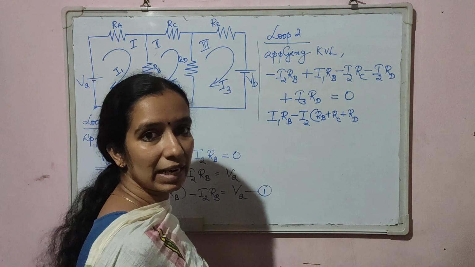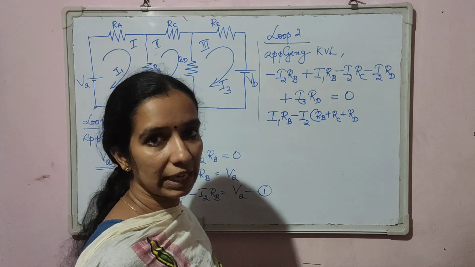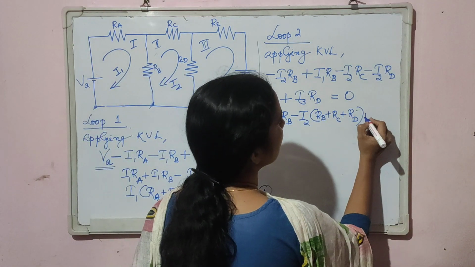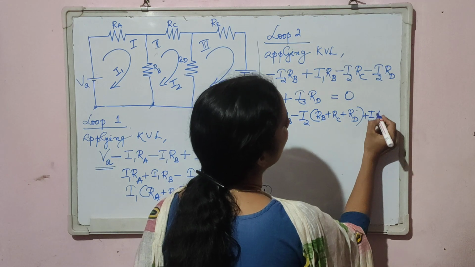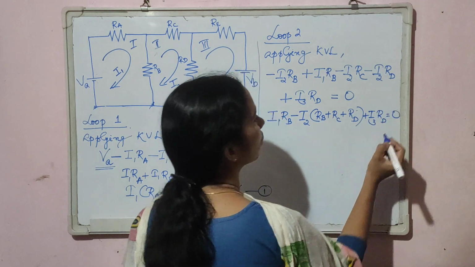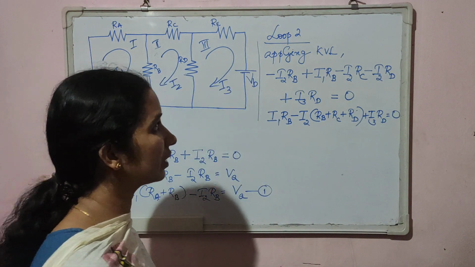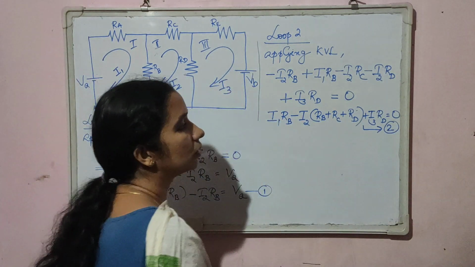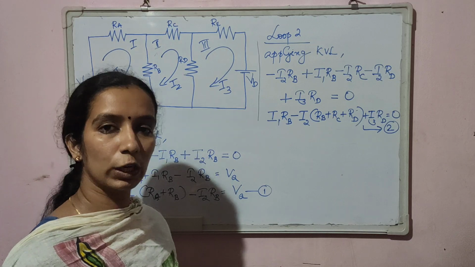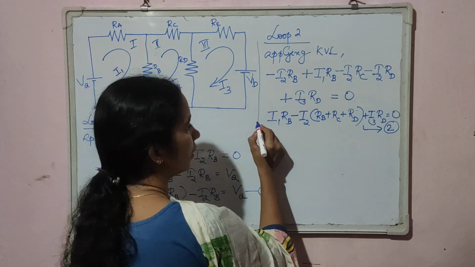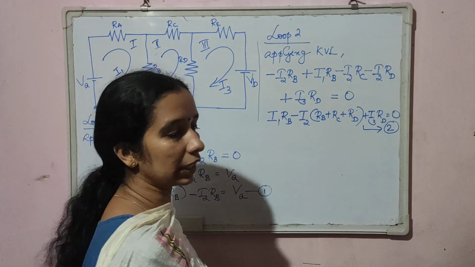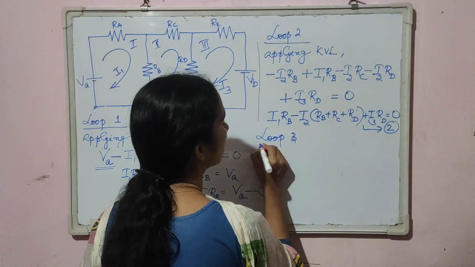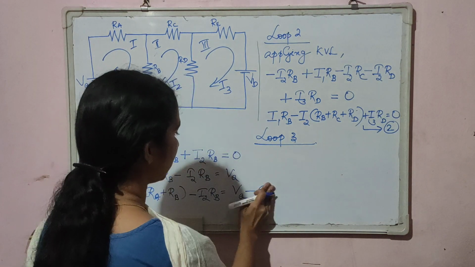Now as last, write the term containing I3, I3 into RD. So plus I3 into RD is equal to 0. So we have rearranged the equation. Now consider it as equation number 2. We have got equations for loop 1 as well as for loop 2. Now write the equation for loop 3. So consider loop 3 and apply KVL equation.